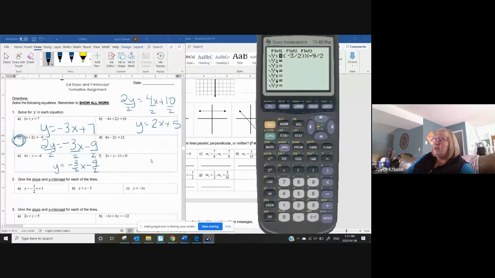We've got negative 3 over 2x minus 9 over 2. But if I wanted to just shortcut it, I know that my first step is to take negative 9 and subtract 3x. So I'm just going to write 9 minus 3x in brackets. And then I know I'm going to have to divide by 2, because in order to get y by itself, I have to divide by 2. Sometimes that's quicker to put in our calculator than to put in this other format. And if we've made a mistake, I have a way to check that answer.